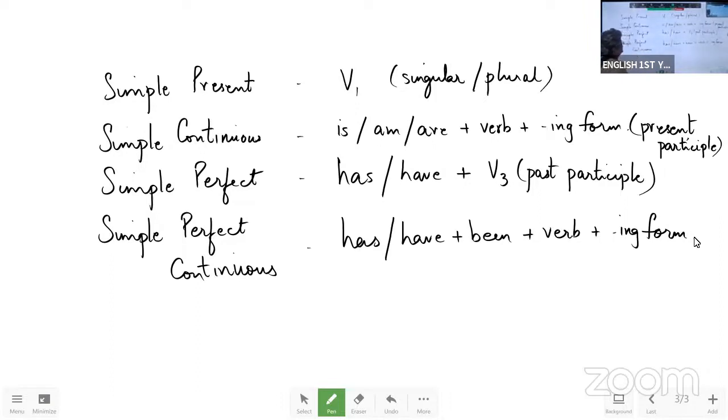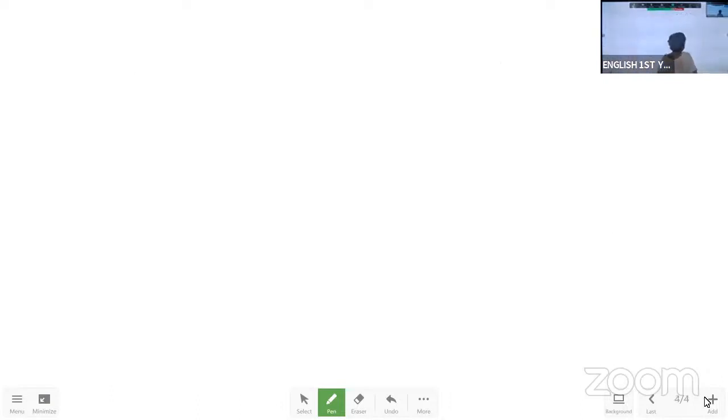Am is used with I. Simple perfect has singular, have plural with V3, otherwise known as past participle. And simple perfect continuous is has singular, have plural, plus been, plus verb, plus present participle, or the ing form.